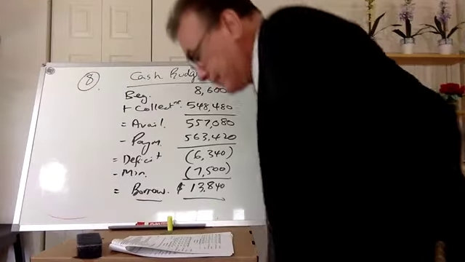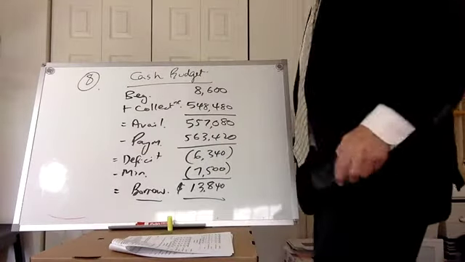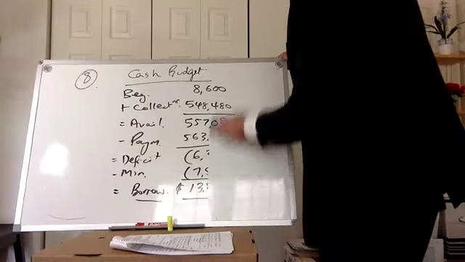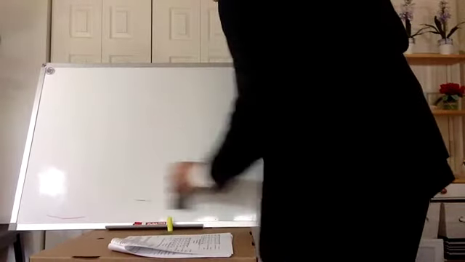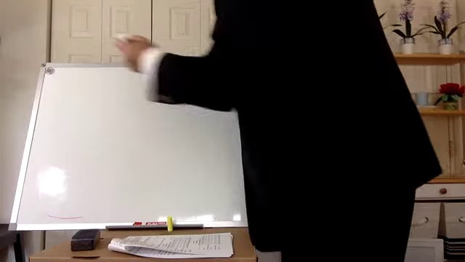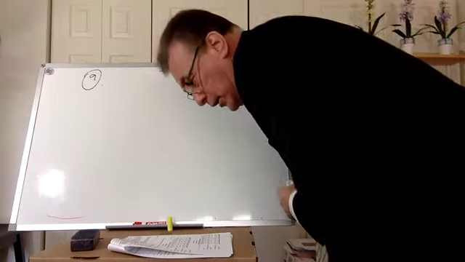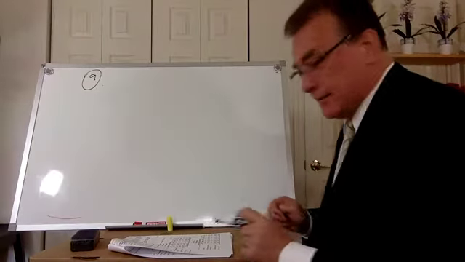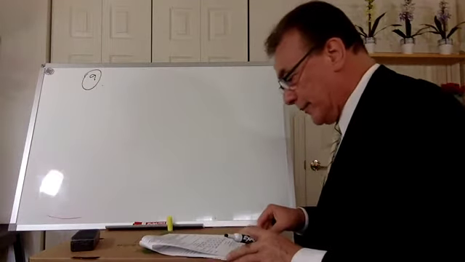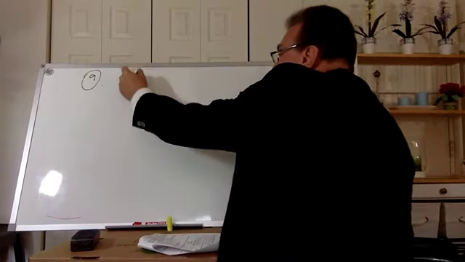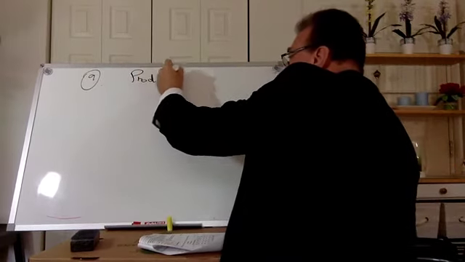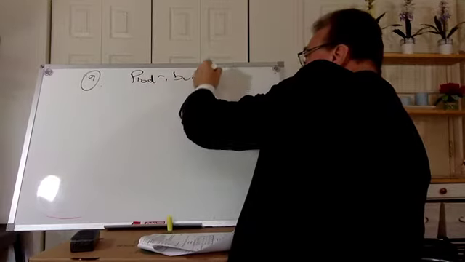Question 9. What we have to do with question 9 is prepare the production budget. Okay, so we did one of these before with number 3. We'll do this quickly with number 9.